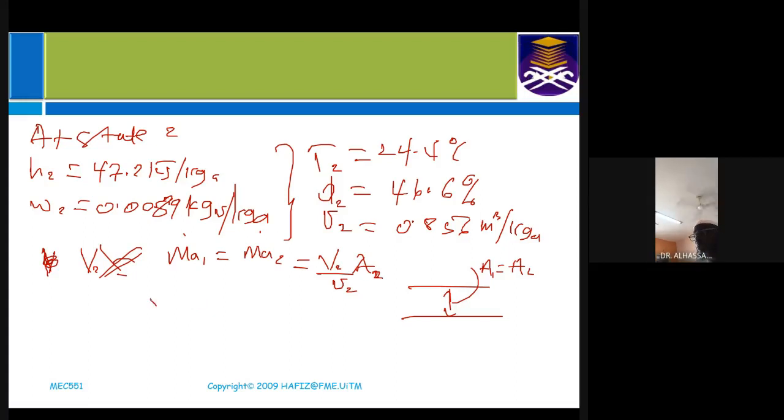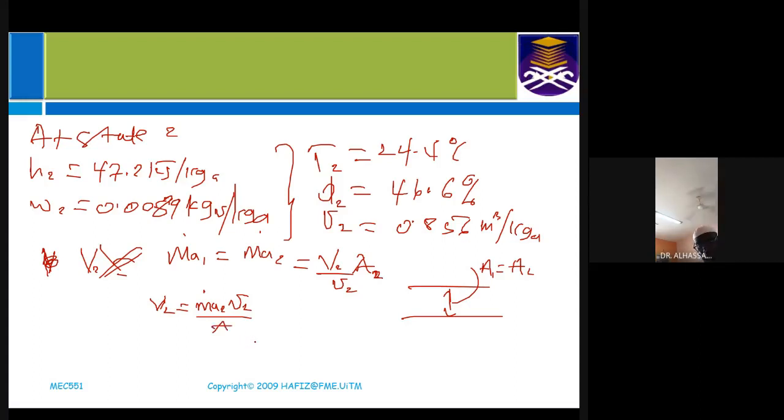V2 gives me mass flow rate times specific volume v2, divided by the area.